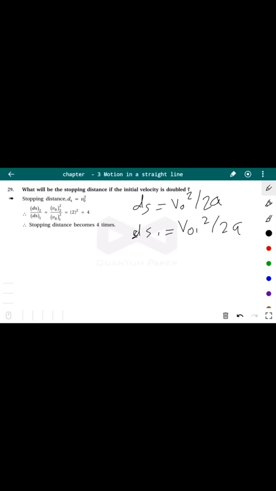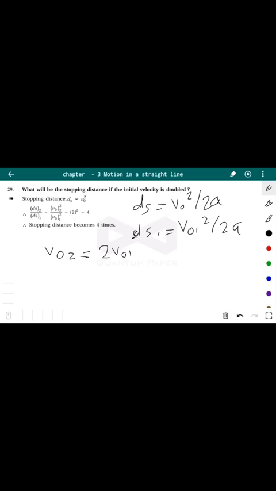Now the second situation that we are discussing is that the initial velocity is doubled. So let us say the new velocity is v02, and this new velocity is twice that of the initial velocity v01. So what will be the new stopping distance?